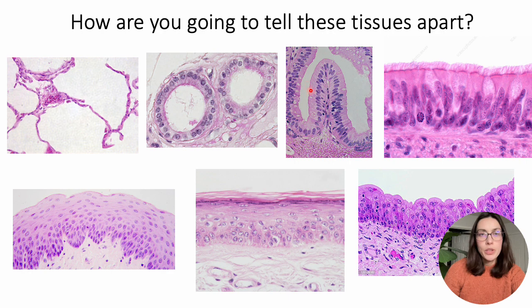Here it's harder to see because this is a really small image, but you have simple columnar epithelium, and you can tell because the nuclei are very oval, right? The purple nuclei here are oval, and the cell is tall, and the nuclei are mostly all aligned in the same area. Whereas here on the far right, they do look cuboidal. However, the nuclei are really all over the place, and they're overlapping.